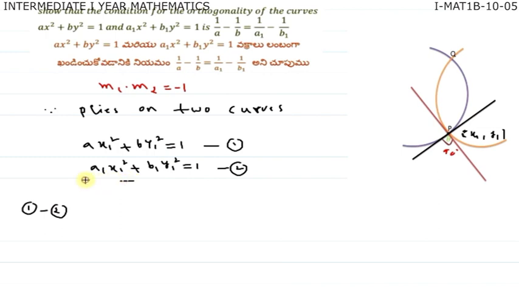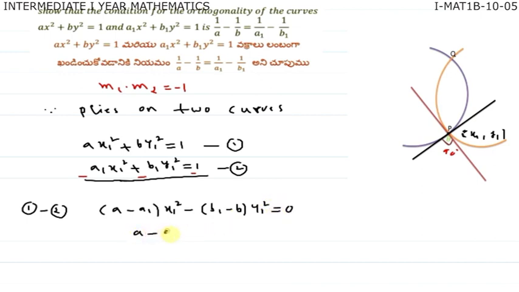And what you get? In these two I can take x1 square common: a minus a1 into x1 square. Here I am taking minus common, so b1 minus b into y1 square is equal to 0.